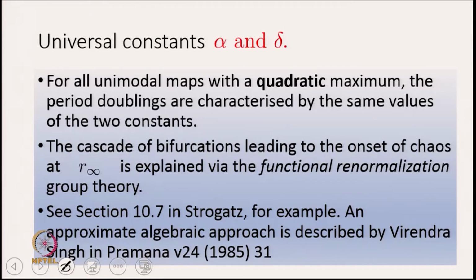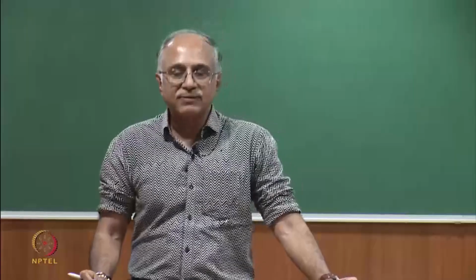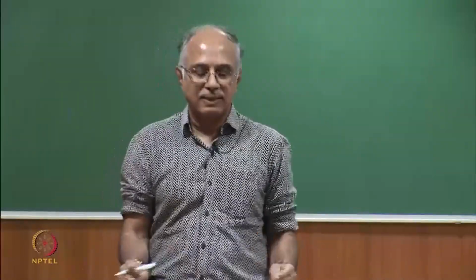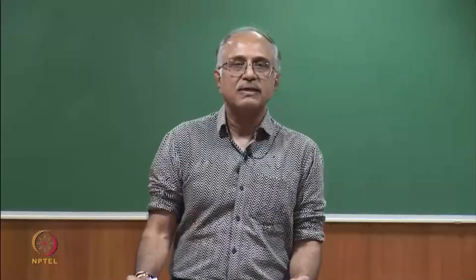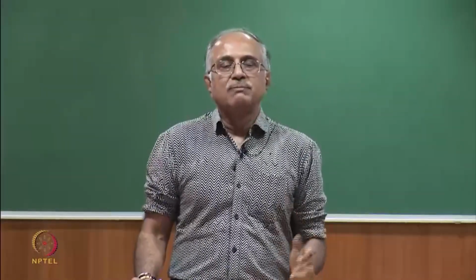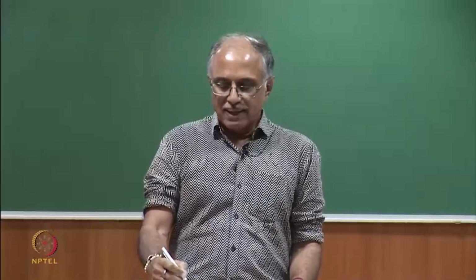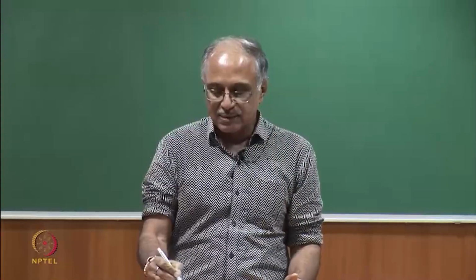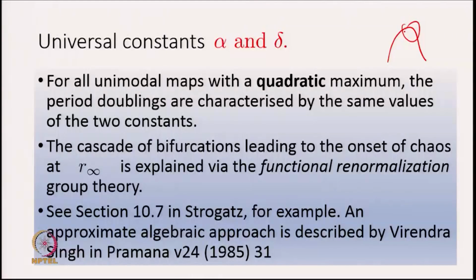These are universal constants, and their discovery has been a very important step in this entire study of nonlinear dynamics. For all unimodal maps, that is, all maps with a single maximum and a quadratic maximum at the top, the period doublings are characterized by the same values of the two constants.